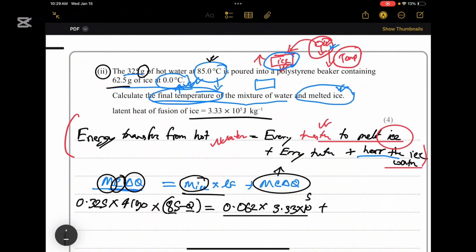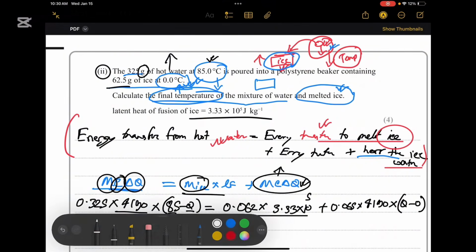Now we will also use the mass of the ice, which is 0.0625, times c, which is 4190, which we have written right here as well and which is given in your question, times the change in theta. The Δθ is this: 0 degrees Celsius will now convert into a bigger value, because the temperature will increase, so theta minus 0, because theta is bigger than 0 and it becomes positive as the temperature increases.